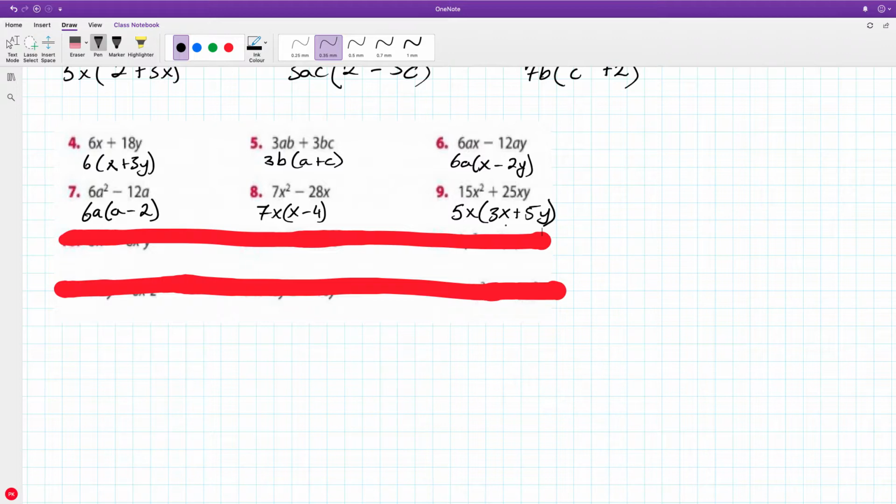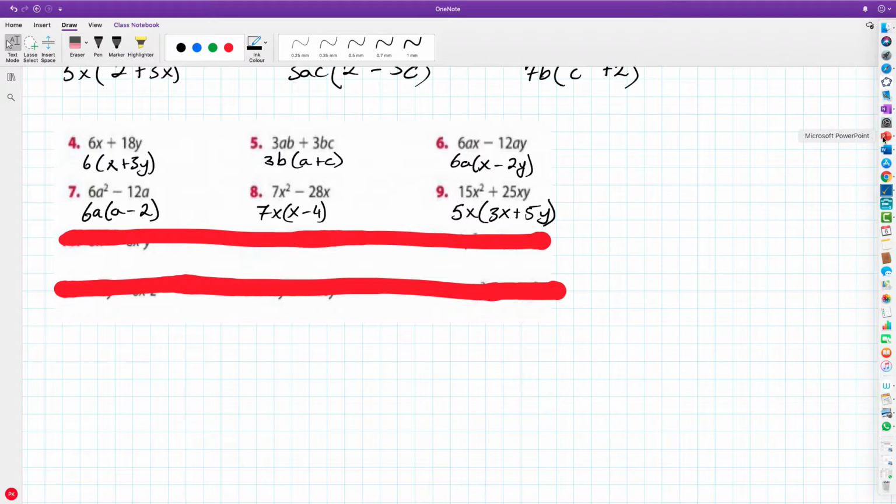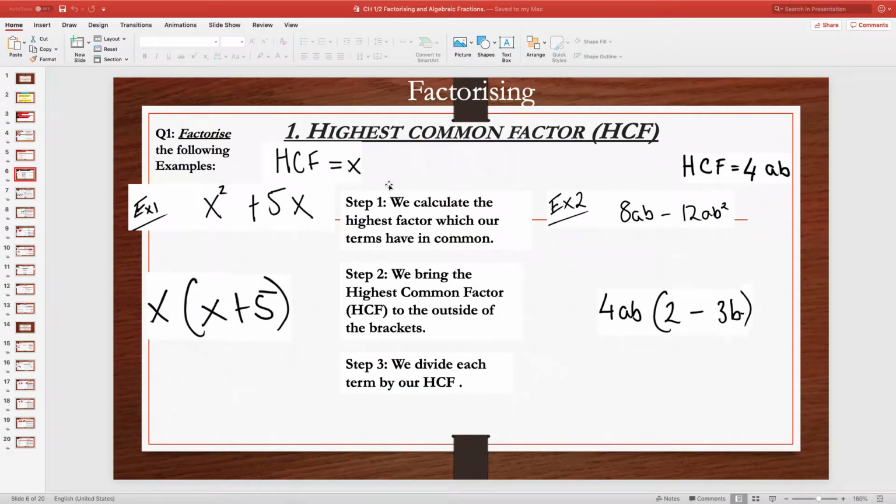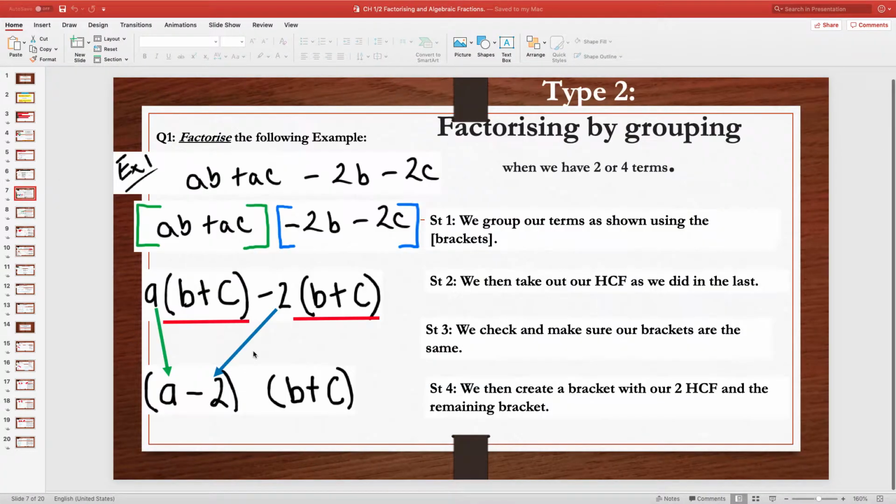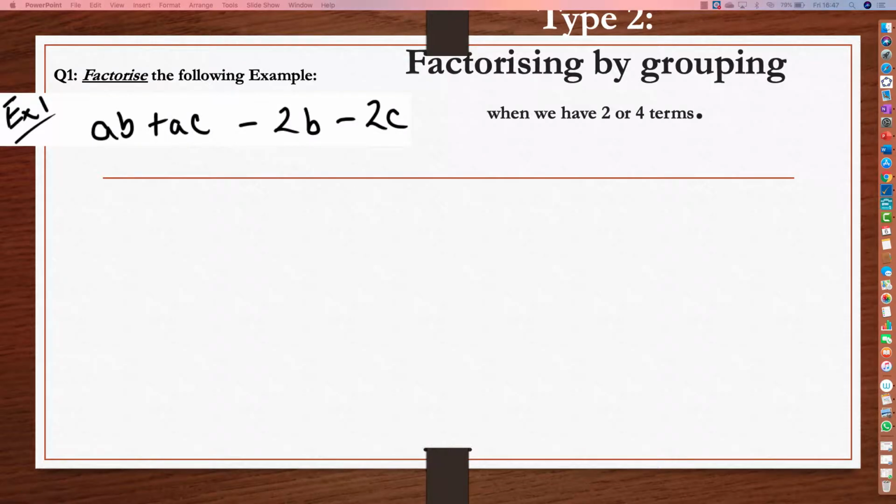Perfect. Right. So, that's highest common factor. And that's literally as hard as the first type gets. So, the second type then. The second type is known as grouping.